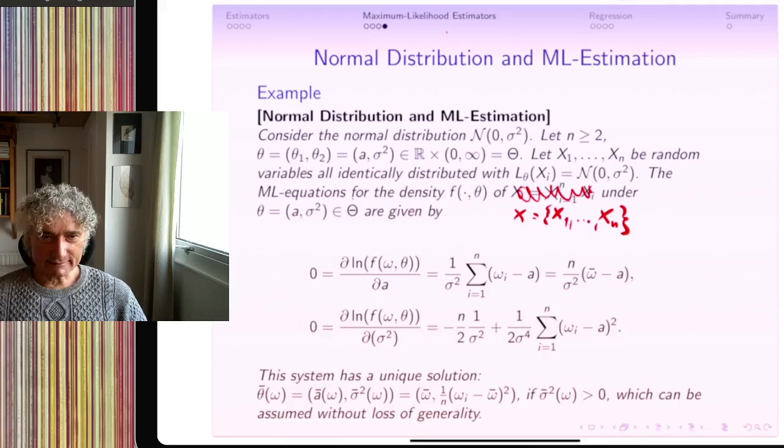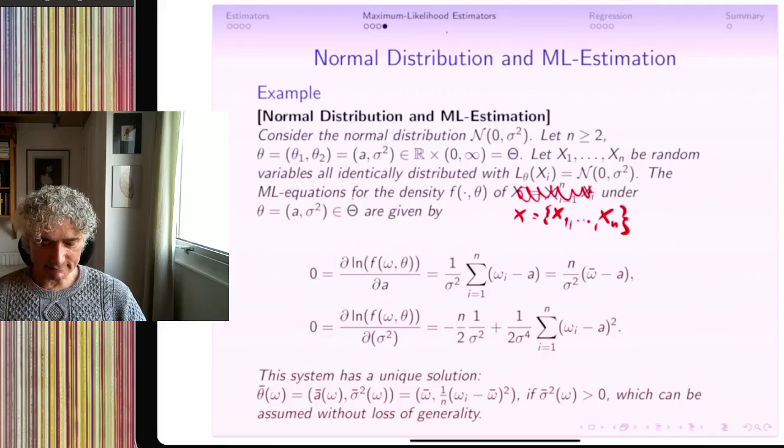And indeed these two equations have a unique solution, given by theta bar of omega, which is a bar of omega and sigma bar to the power 2 of omega.